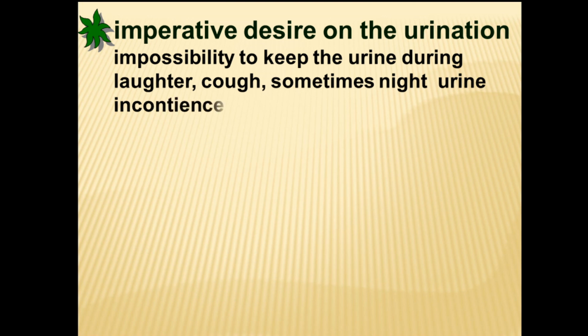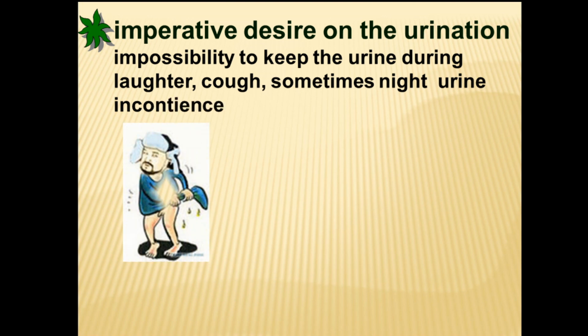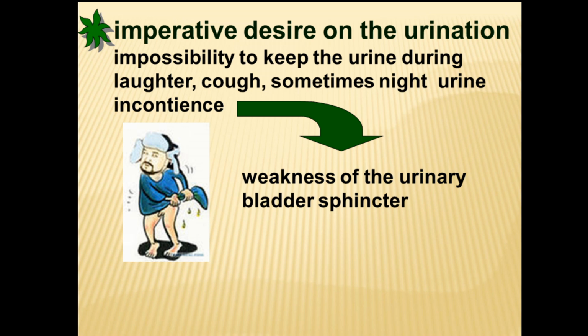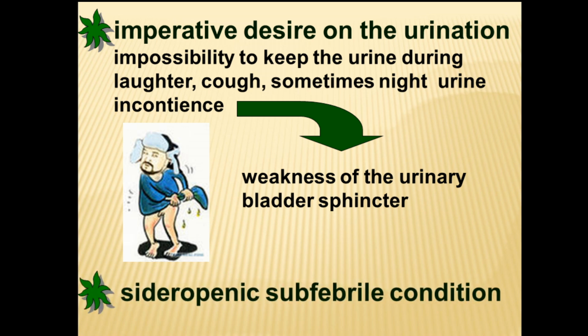As a result, patient cannot go out from home and feels some problem with his life activity. And sometimes patient is predisposed to subfebrile fever. We are talking about sideropenic subfebrile condition because there are no symptoms of inflammatory or toxic process.